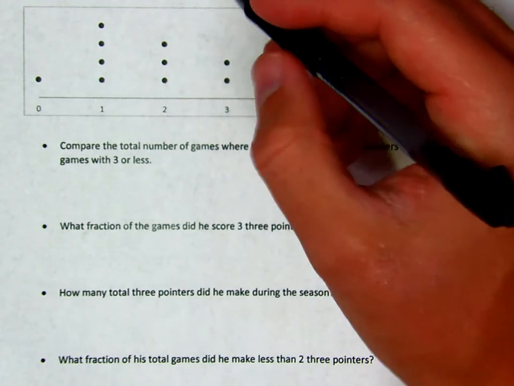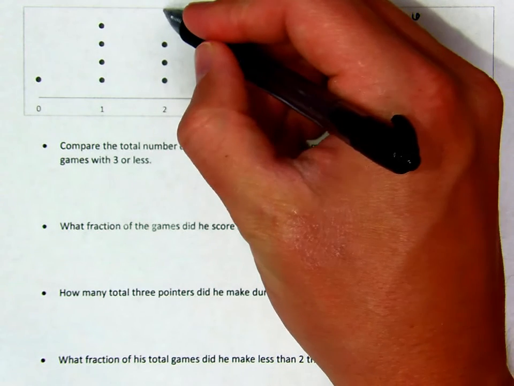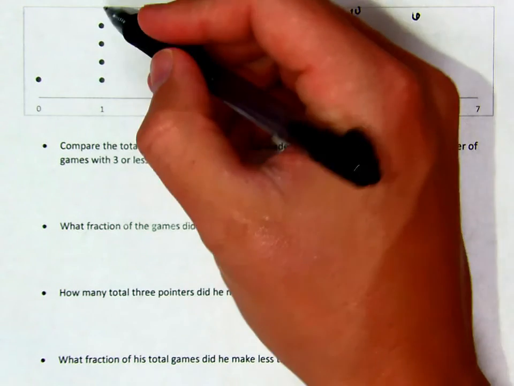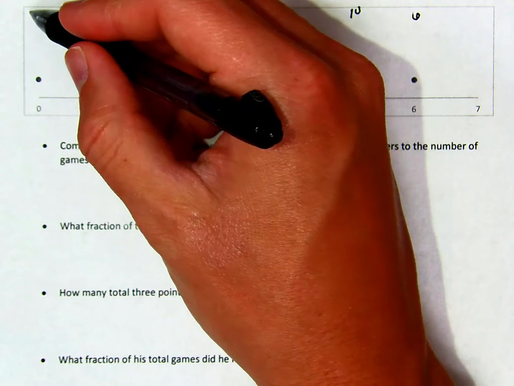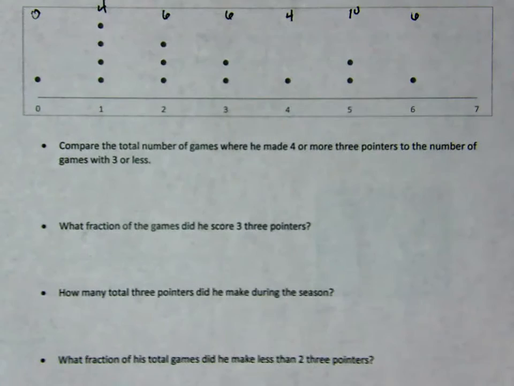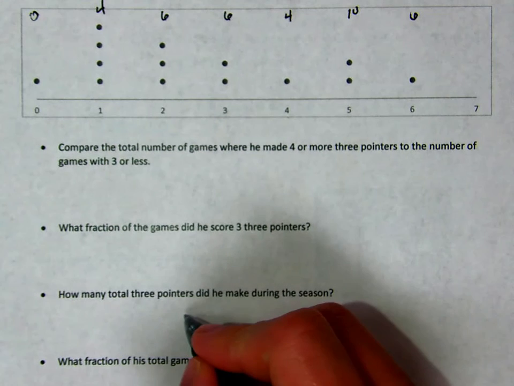We've got 2 games with 3. We've got 3 games with 2. We've got 4 games with 1. And we've got 1 game with 0. Okay, and all we're going to do is add those up. Okay, a total of 36.